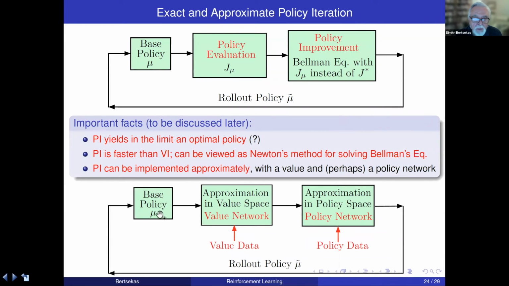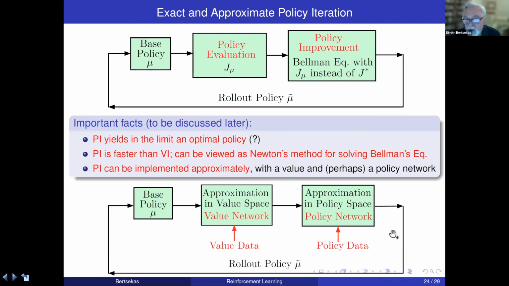So you have the base policy, you collect a lot of performance data, samples of its cost function from various states, and then you fit a neural network to that to obtain an approximation to this J mu. Then you use this J mu to generate corresponding one step look ahead policy samples, and then you fit those samples with a policy from some class in a policy network.